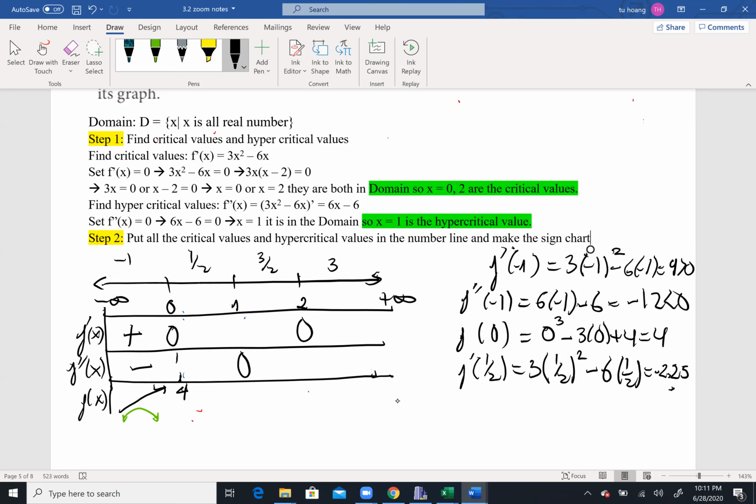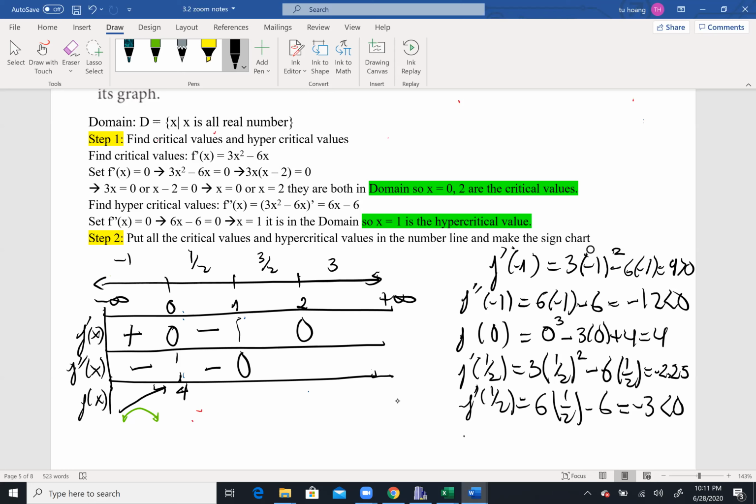And for f second derivative of 1/2, I'm going to have 6 times 1/2 minus 6, that means 3 minus 6 equals negative 3. Also less than 0, so I put negative here.